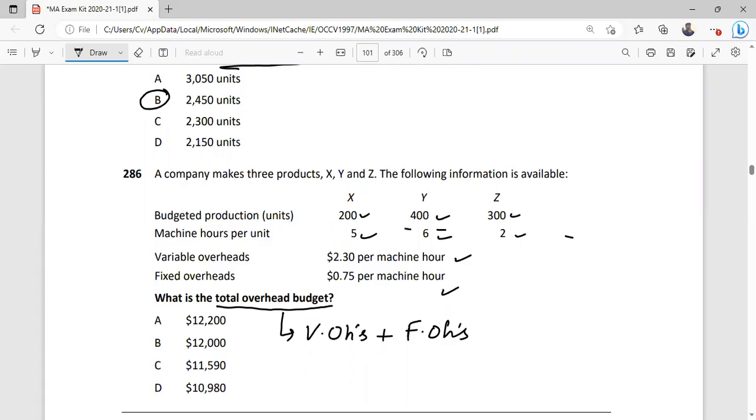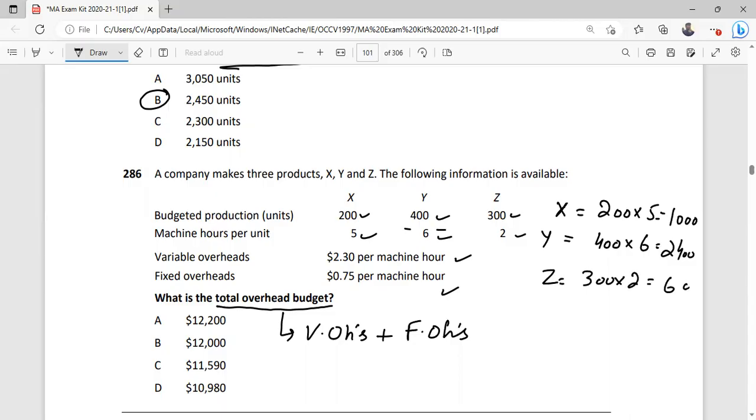So X is equal to 300 into 5. Y is equal to 400 into 6. Z is equal to 300 into 2. So the sum is 4,000 hours.